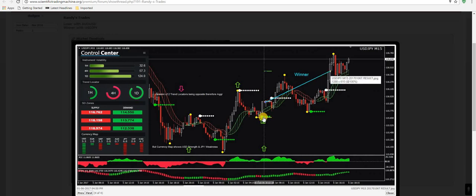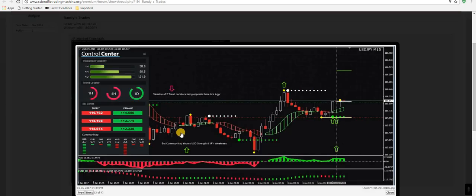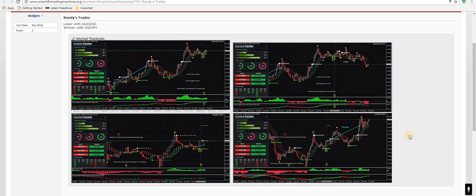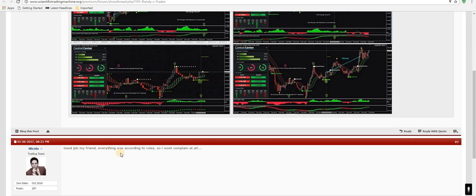Looks like his stop was right there. Entry was right here. And winner there. All right, so yeah, we can see it here. Stop here, entry here. Profit target was up here. All right, good job. Everything was according to rules, so I can't complain.